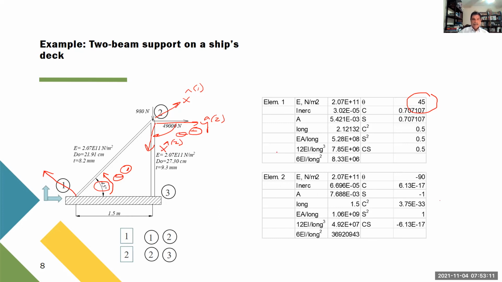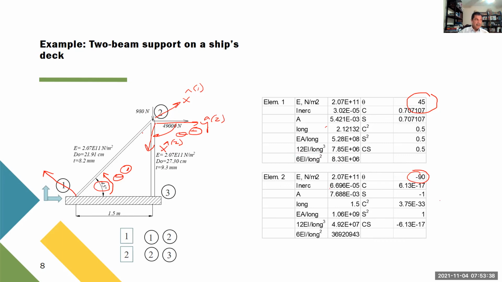Then for element 2, that's what is very important in this case. It's minus 90. This is negative. Or we can say that this angle is from here up to here, and that's 270.